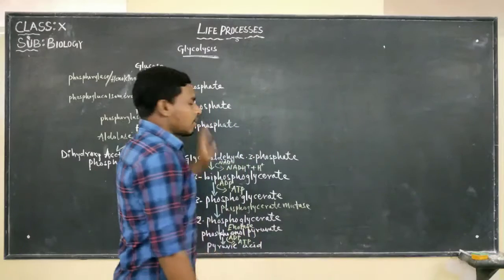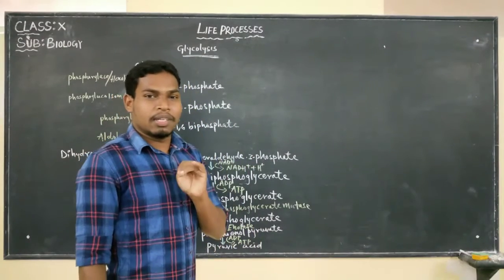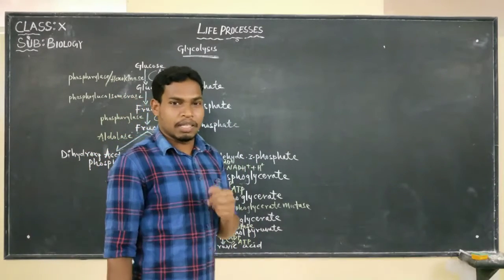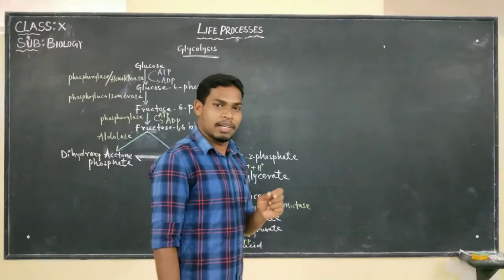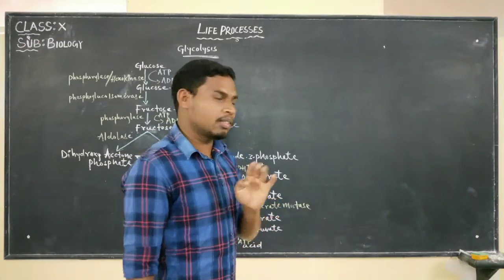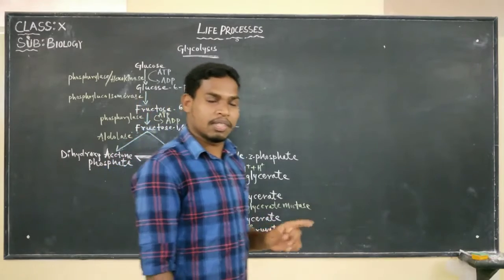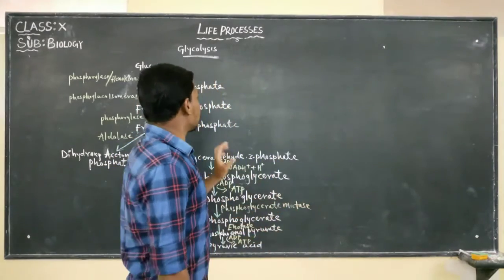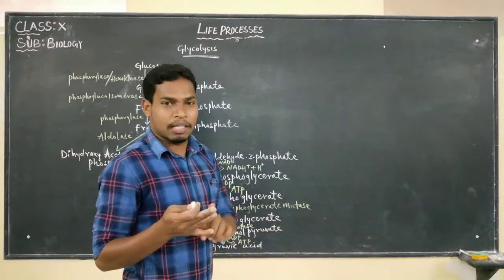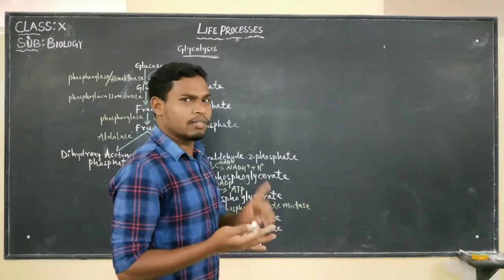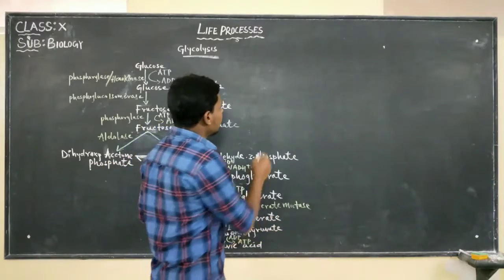Glycolysis is a common pathway in aerobic respiration as well as in anaerobic respiration. The first step is known as glycolysis, and we know that it is a common pathway for aerobic respiration as well as anaerobic respiration.